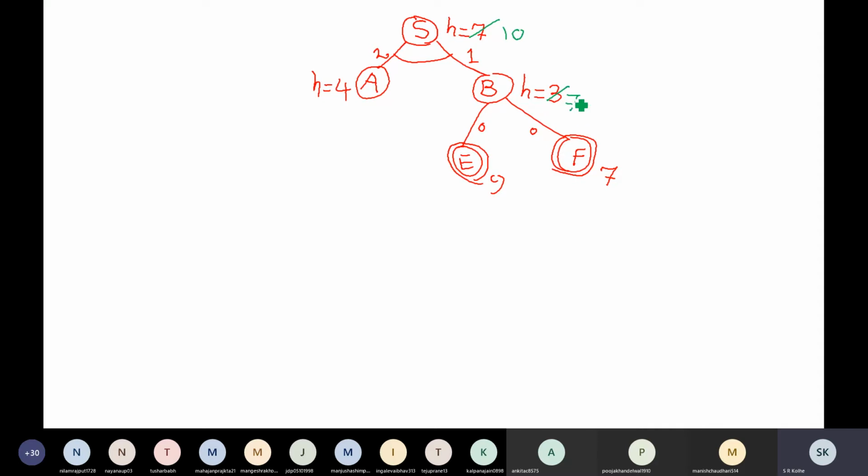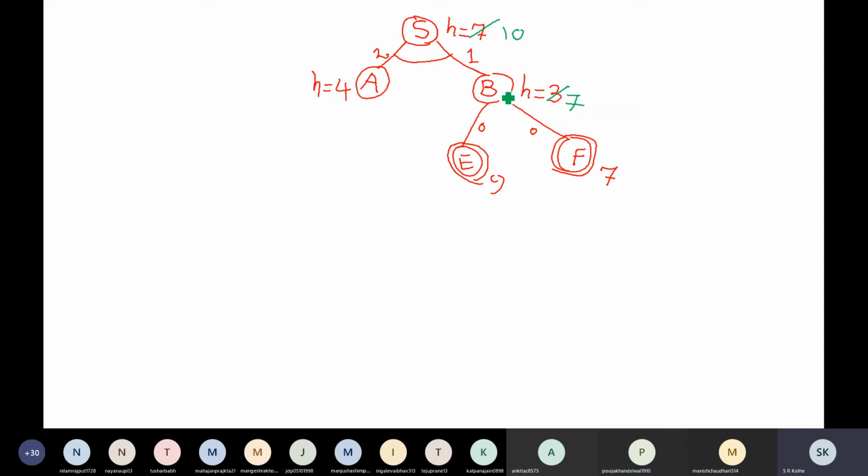Now what will happen? Explore A. Before that, the cost of S will be recomputed, because this recomputation takes place till the end, depending upon the type of node.